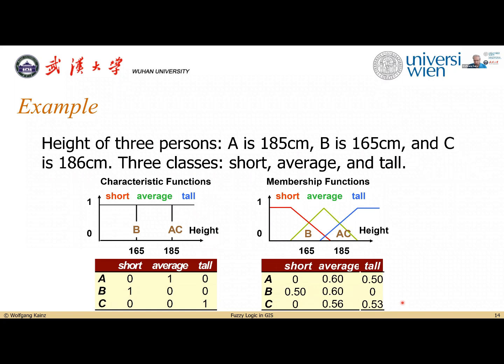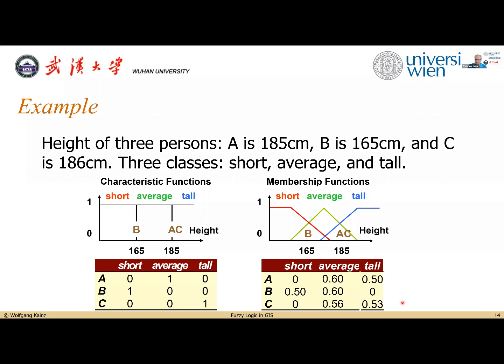And later on in the course, we will do exactly the same with geodata, where we can then express concepts like steep slope or flat slope or moderate elevation and things like that. And just as a brief note on that, we will always do it on raster data sets, because for rasters, we can apply a membership function for every single raster cell.